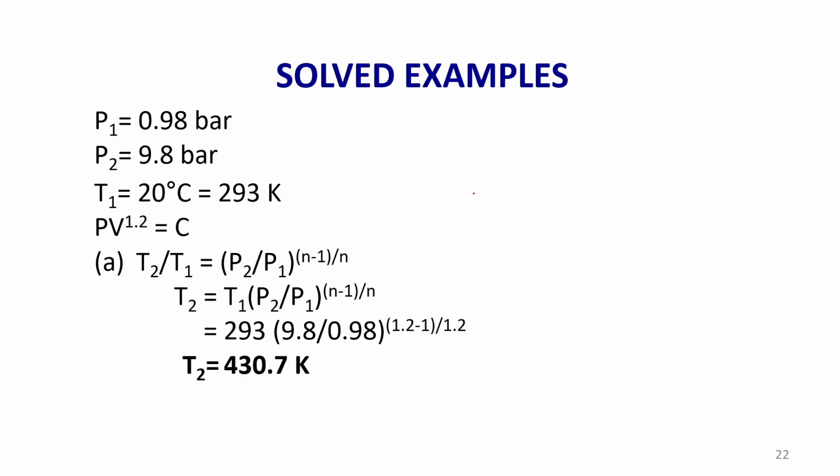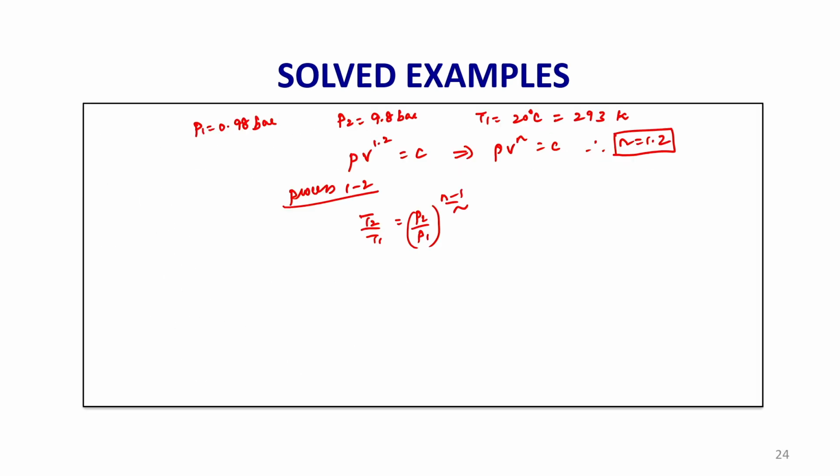That is the relation which I used. We know the values of P2, P1, and T1 is also given. So, you can find out T2, 430.7 Kelvin. The temperature of the air is increased from 293 Kelvin to 431 Kelvin. So, this is the first part of the question.